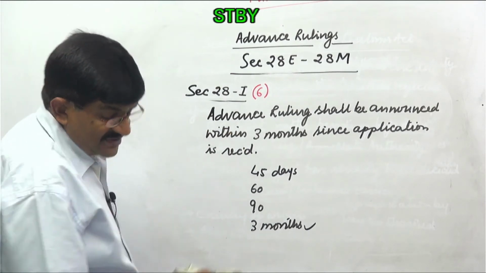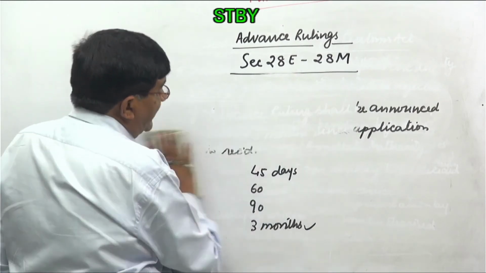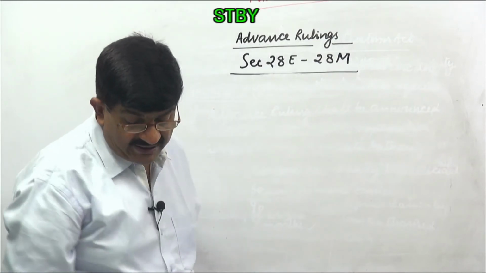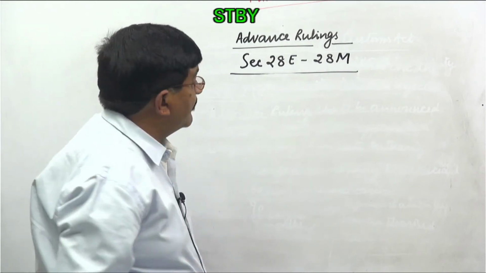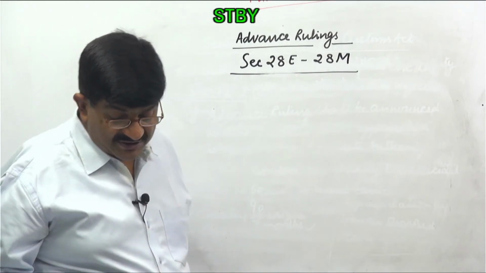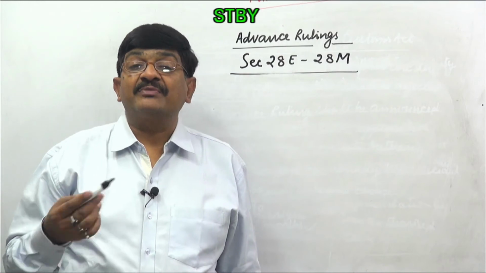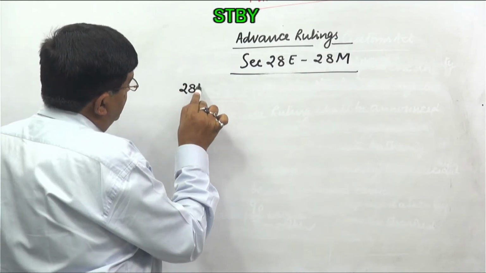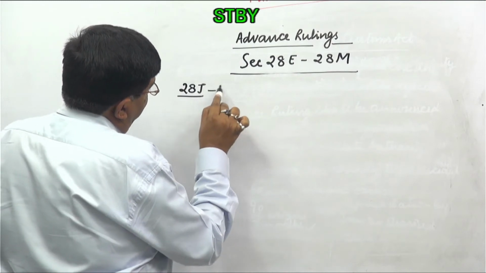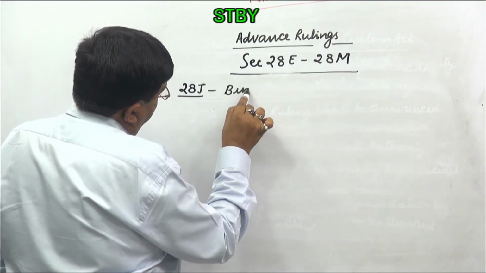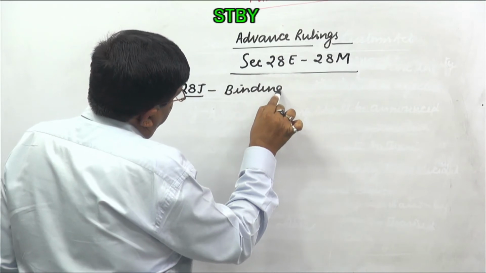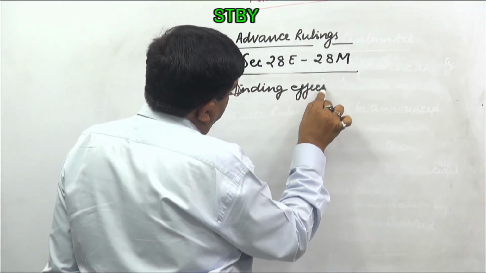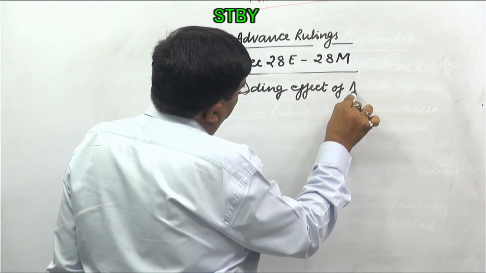Okay. Now, once this is announced, we move to the next section, and that is section 28J, and that is talking about the applicability of advance ruling. Rather, if I change the wordings, I can say binding effect of the advance ruling. So, section 28J, binding effect of advance ruling.